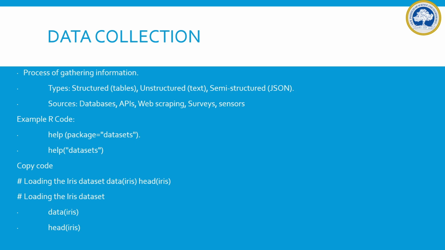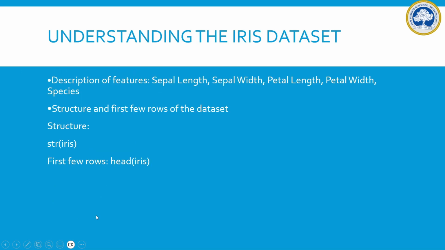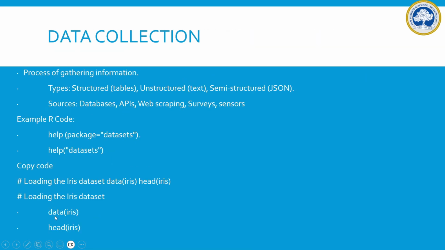Let us see how these commands respond in the R environment. To load the iris dataset, we can use the data(iris) command. To understand what this data has, to print a few lines of content, we can use the head command.